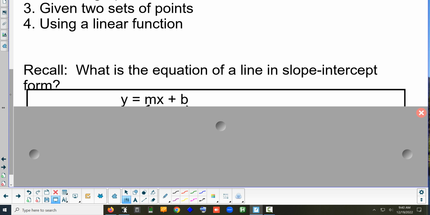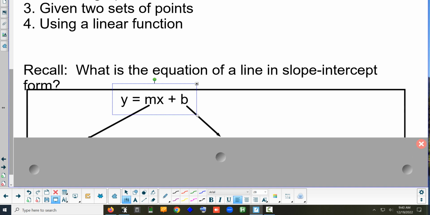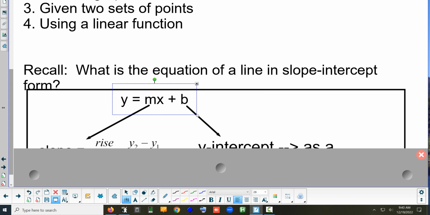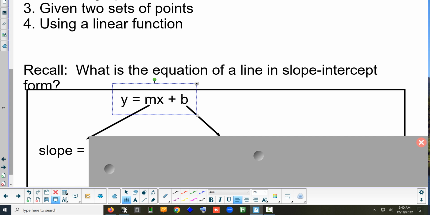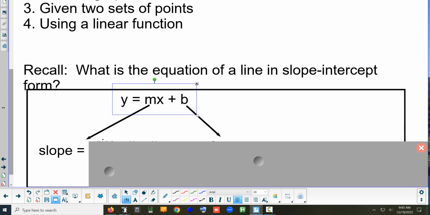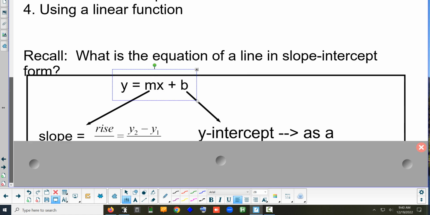Those are the 4 different kinds of lines we can have. And what about B? B is the... Cadence, do you remember what B is? Tirza? That's the y-intercept. Okay, so M is the slope. And B is the y-intercept.